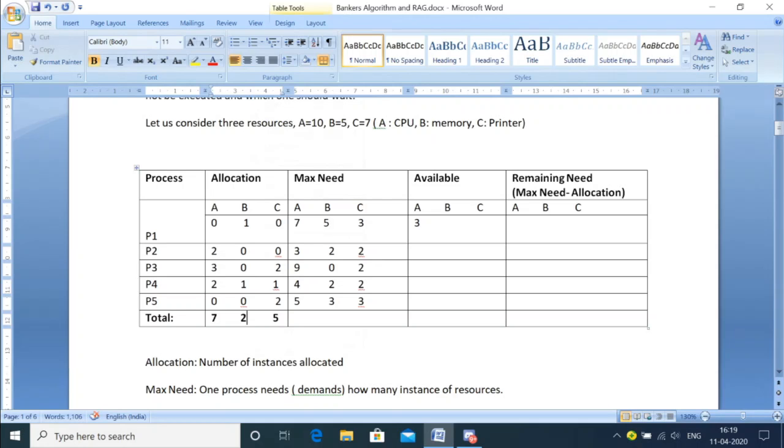So how much is available? I have to subtract 5 minus 2. So 5 minus 2 is how much? 3, isn't it? Okay, then next is for C. So for C, 5 instances of C are utilized. That means 5 out of 7, 5 I have already allocated. So how much is remaining? 2. So this value of 2 has to be updated in this available section.